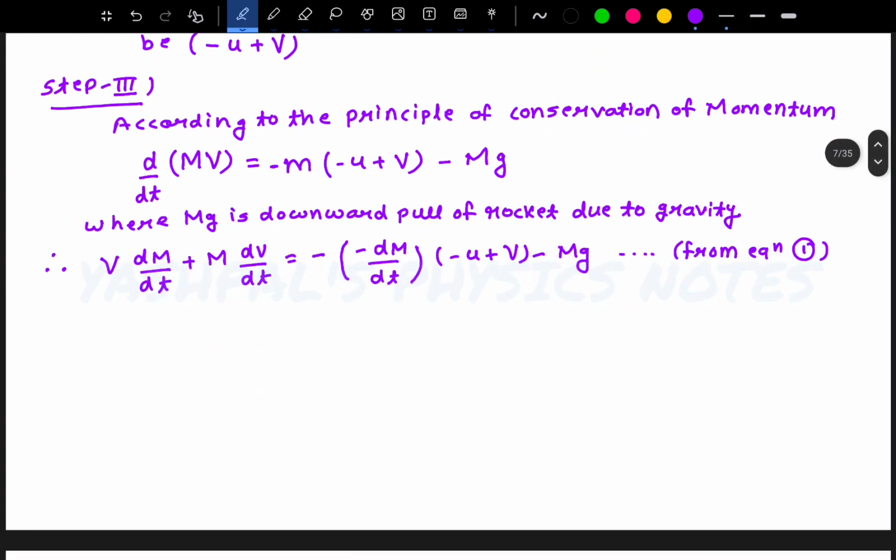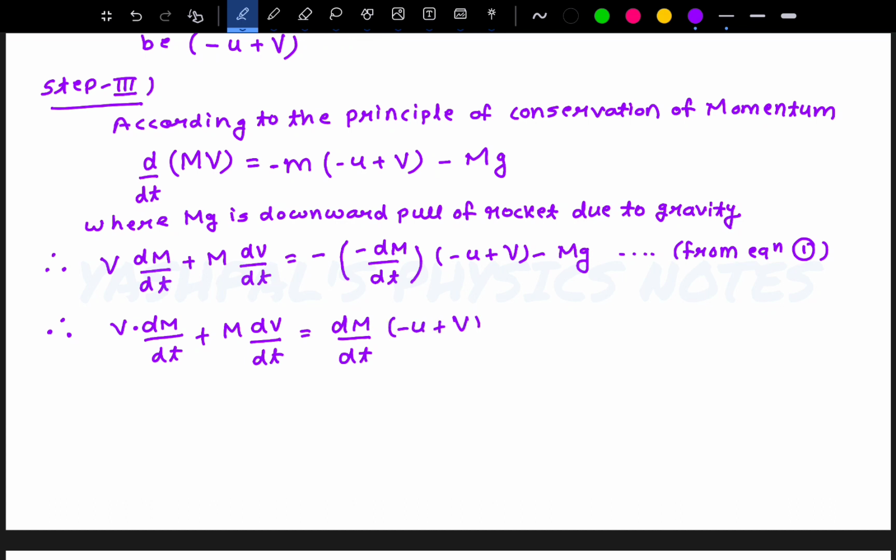Now we are going to simplify the terms. Therefore, V dM by dt plus M dV by dt will be equal to, minus into minus will be plus, so dM by dt into minus u plus capital V, minus Mg.